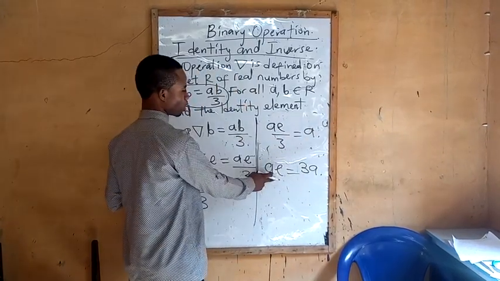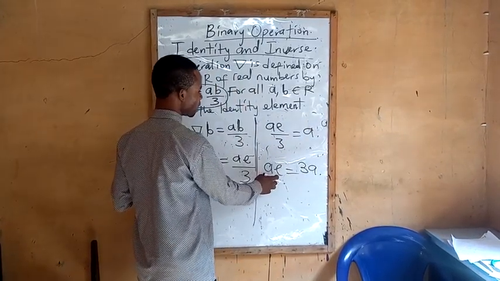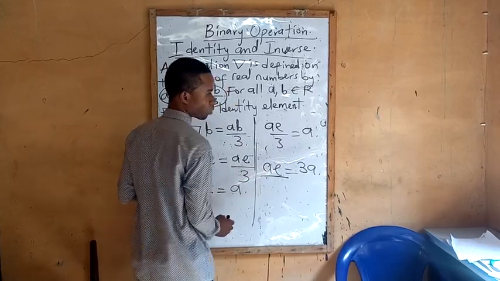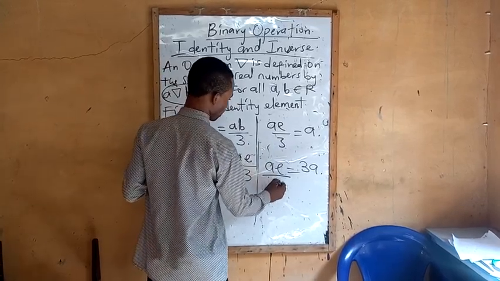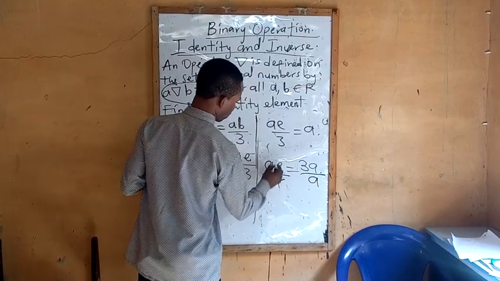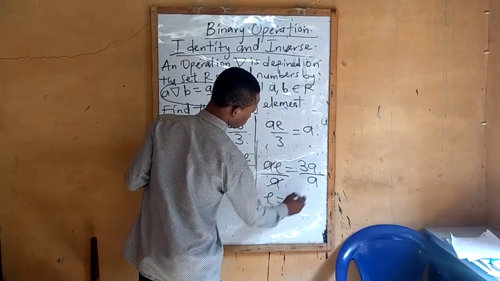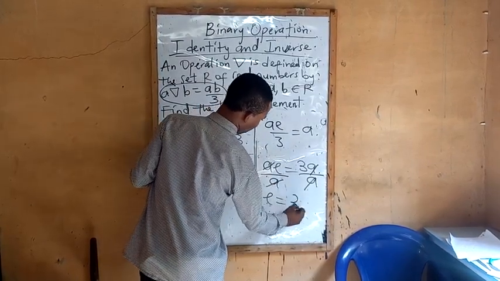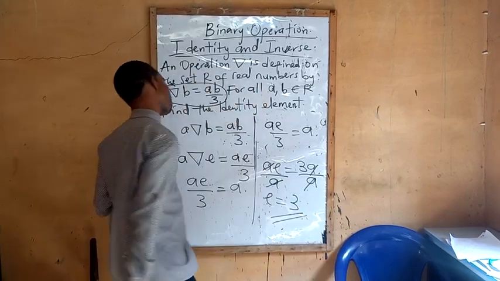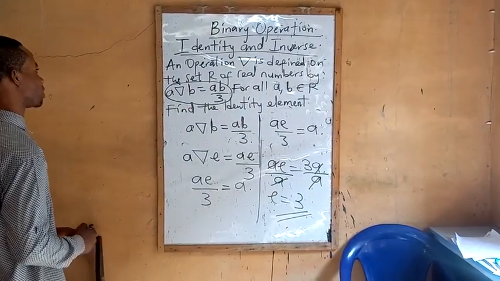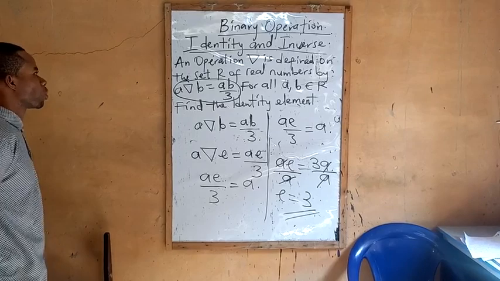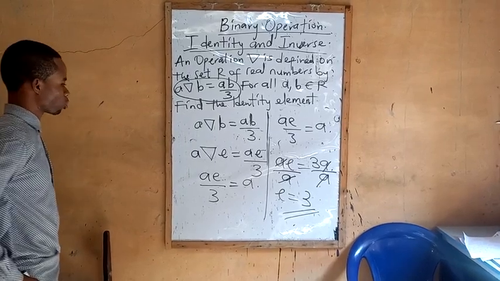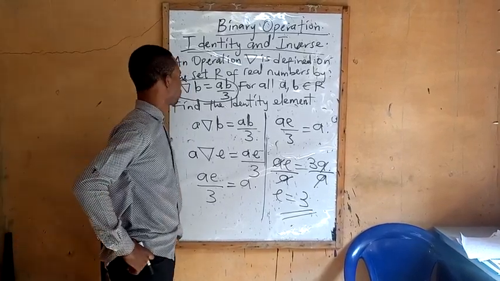But don't forget, I'm looking for E. That means divide both sides by the coefficient of E, which is A. A over A, A cancels A. So our identity equals 3.